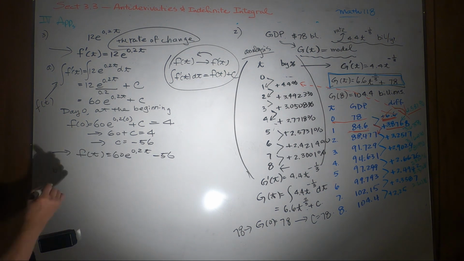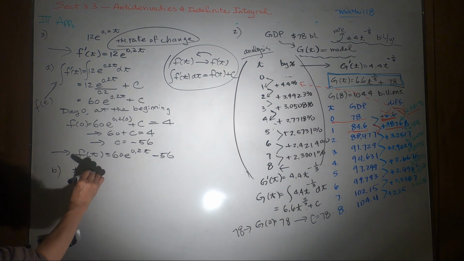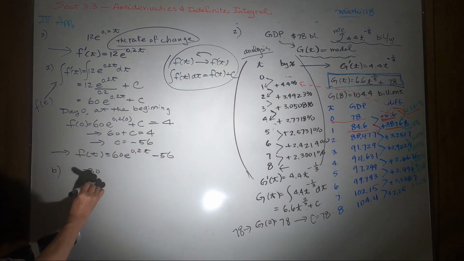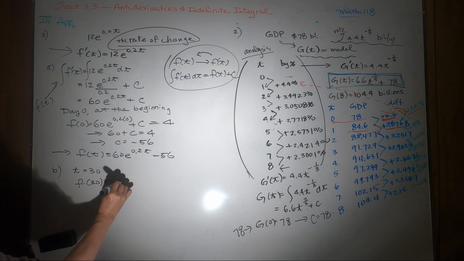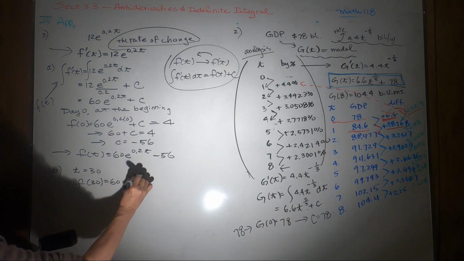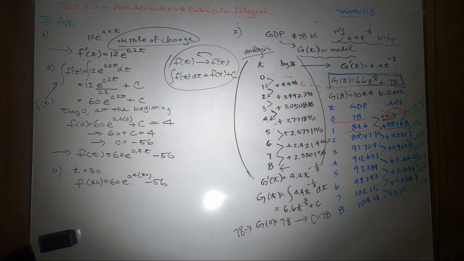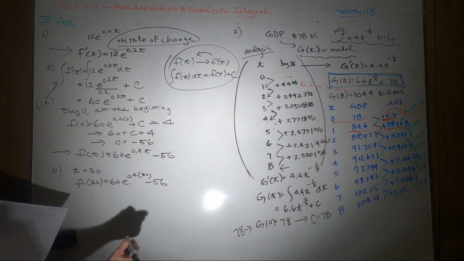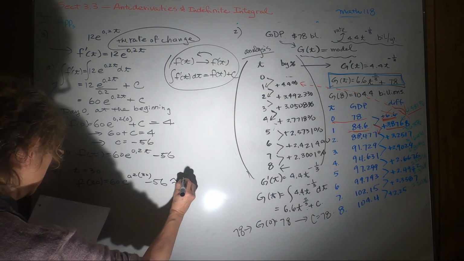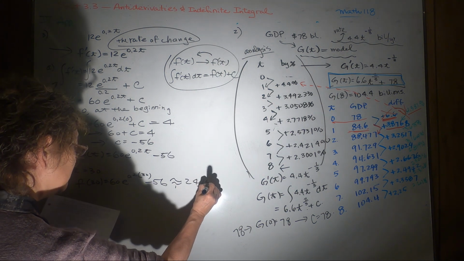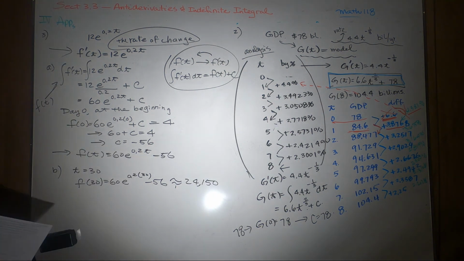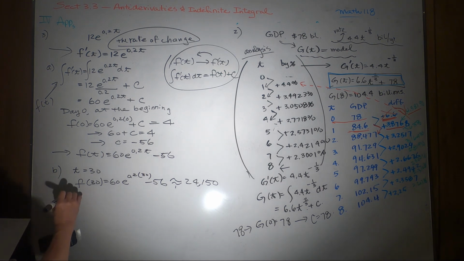So after 30 days, what do we do? We plug in 30: 60e^(0.2·30) minus 56. Use your calculator and plug in, so it's about 24,150 cases. So what is it saying? It's a very scary thing for this flu.